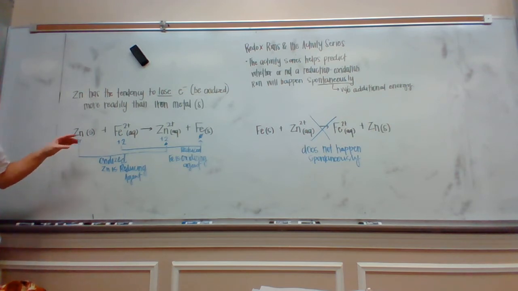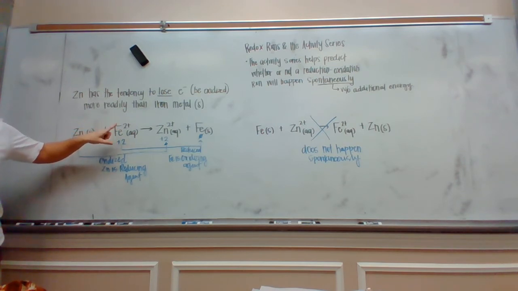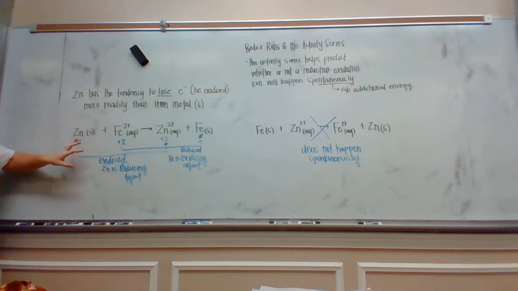So what you do is you always look for the metal that is in the solid form, not the aqueous metal, okay? If the solid metal is higher on the activity series, that reaction will occur spontaneously. If it's lower, it will not occur spontaneously.